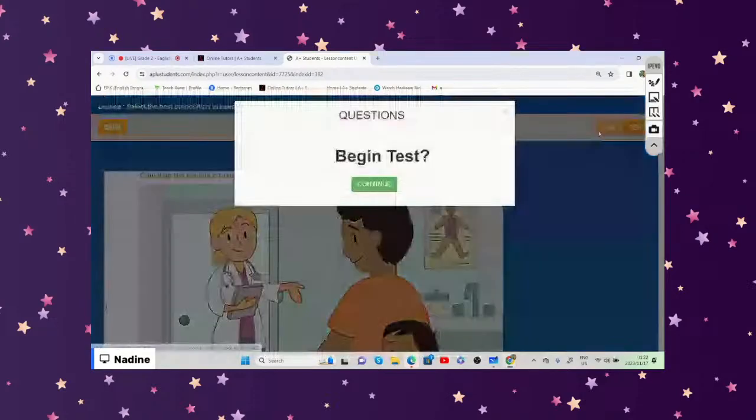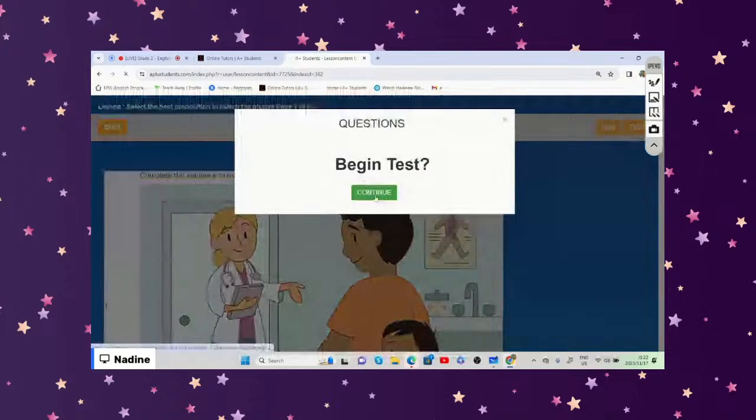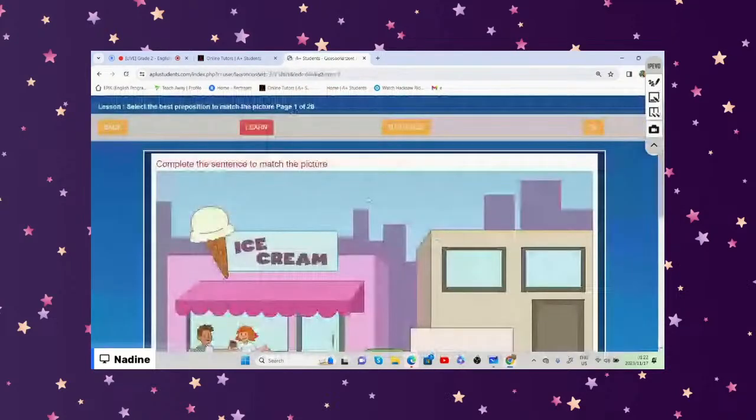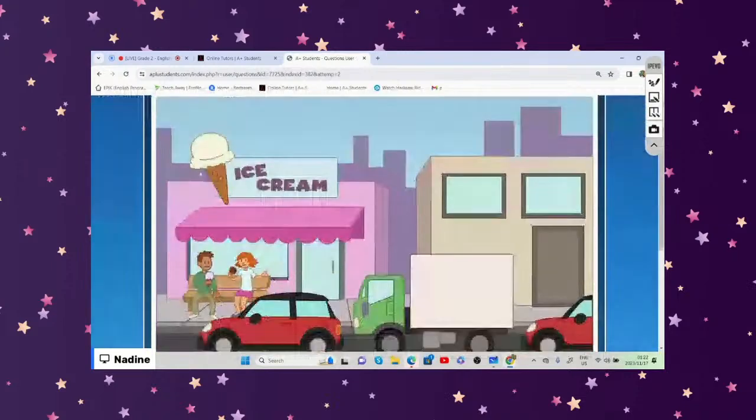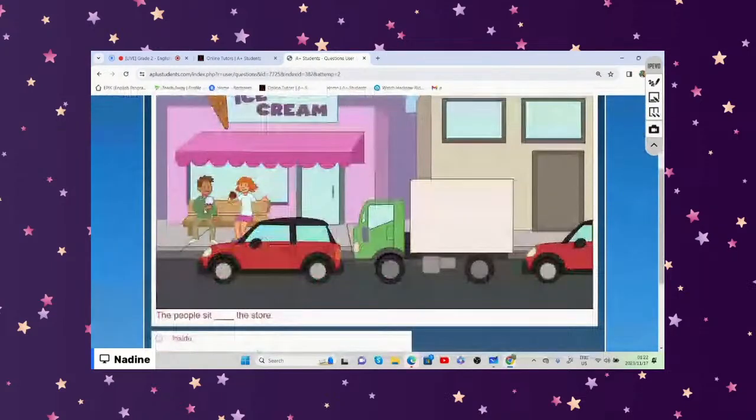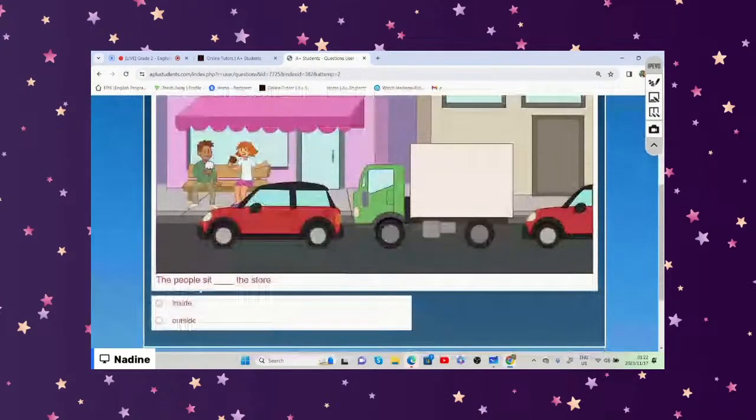All right, now we're going on to our test. We need to select, or we need to complete the sentence to match the picture. The people sit in the store. Where are they sitting by the store?